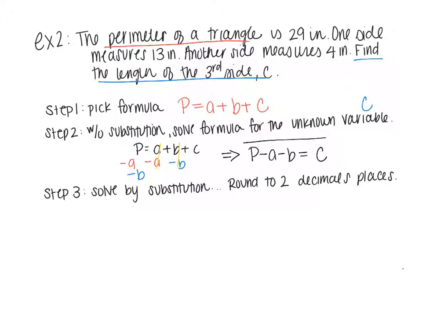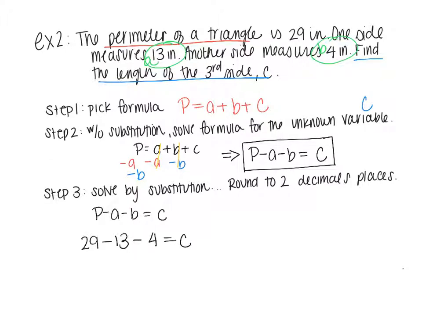So that's step 2. All right, now that I've got that formula, I can go ahead and plug in my side A, side B. Well, they didn't tell me which one was A, which one was B, so I'll just let 13 be A and 4 be B. So the perimeter it said was 29, so I have perimeter minus A minus B equals C. Perimeter is 29 minus A, which we said was 13, minus B, which is 4, equals C. Now you're just going to subtract those.